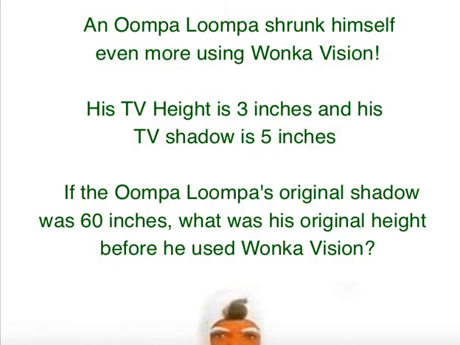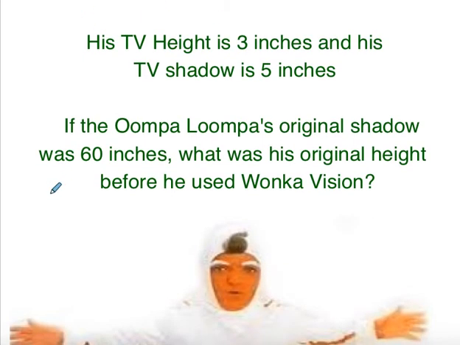Next we have an Oompa Loompa. He shrunk himself using Wonka vision, so his TV height is 3 inches and his TV shadow is 5 inches. If the Oompa Loompa's original shadow was 60 inches, what was his original height? So the TV height to TV shadow should be the same ratio as his original height x to his original shadow, 60.